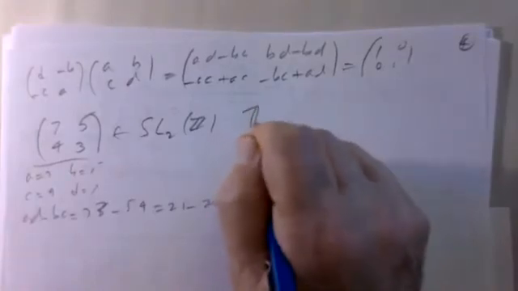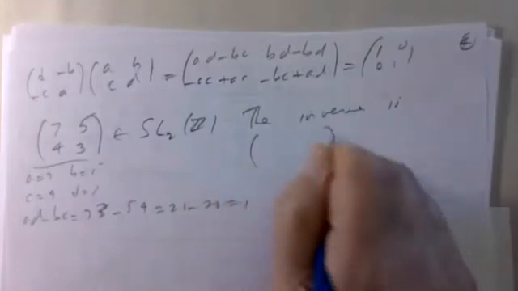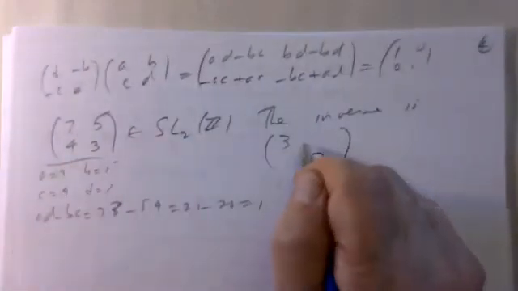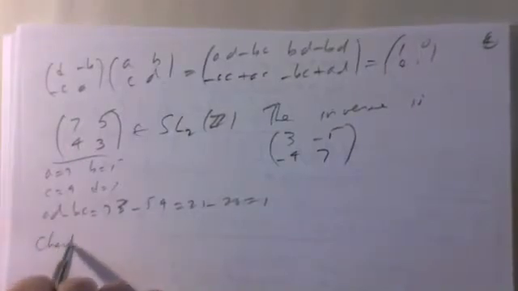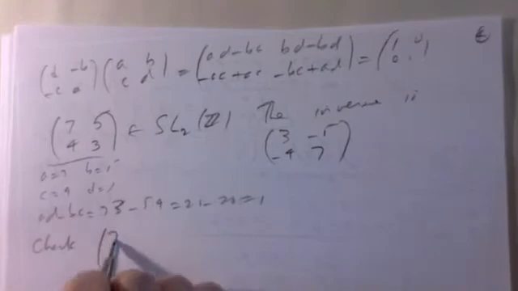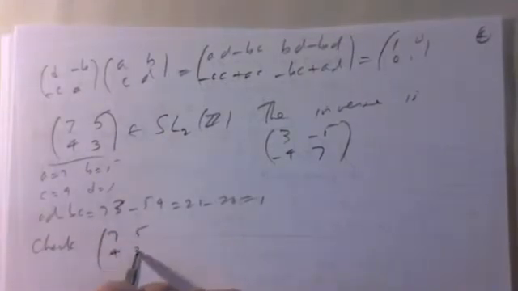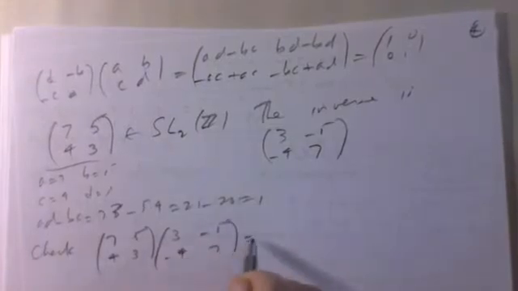And the inverse is going to be, you interchange the 7 and 3, and you change the signs of the 4 and 5. And let's just do the calculation to check. 7, 5, 4, 3 times 3, minus 5, minus 4, 7.